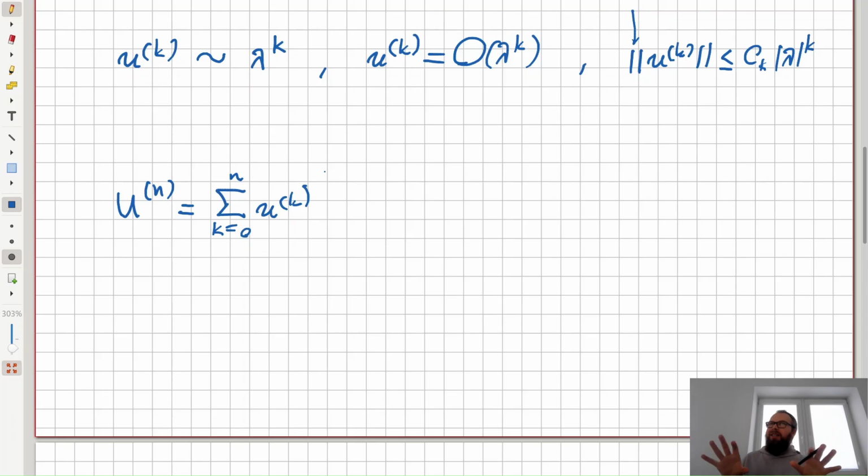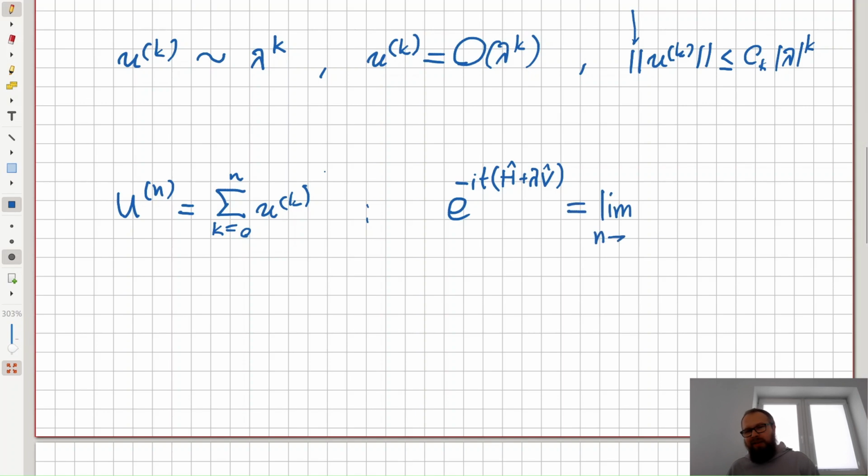Okay, so this is a partial sum, and our assumption is that, for example, this kind of evolution operator, for H plus lambda V, so this would be our perturbation, lambda is the strength, assuming it's small, will be equal to the limit of n going to infinity of our partial sums, okay? Which is conventionally denoted by this symbol.